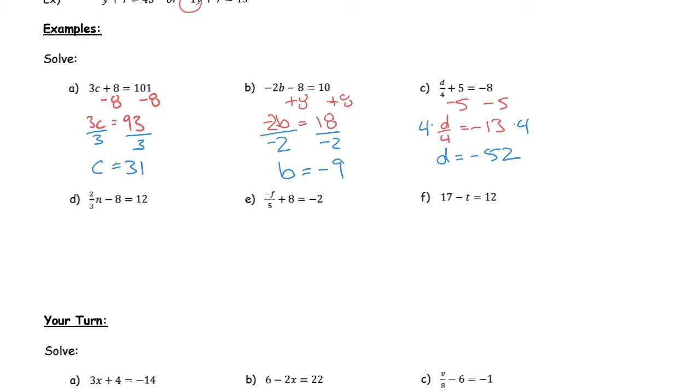This next one, again, my first step is going to be to remove the constant there, the term without the variable in it. And so I'm going to add 8 to both sides. So I'll get 2/3 n, and that is going to equal 20. And now what I want to do is get rid of the coefficient of the n here. So I'm going to divide both sides by 2/3.